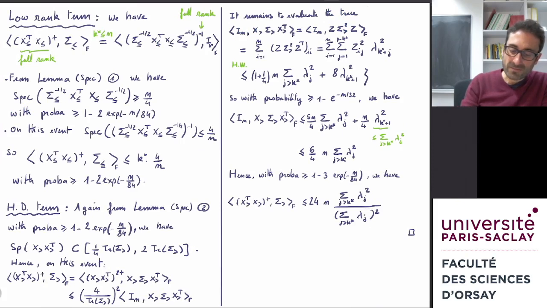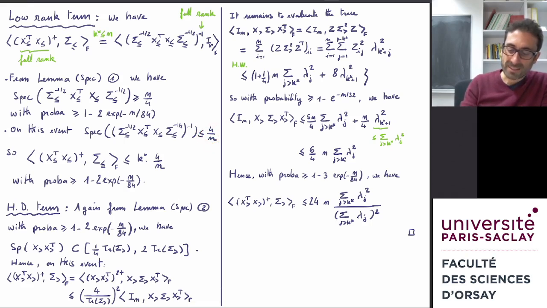So since the eigenvalue of this matrix is at least n over 4, if you take the inverse, it means that it will be smaller than 4 over n. Okay? So the eigenvalues of this matrix are smaller than 4 over n.